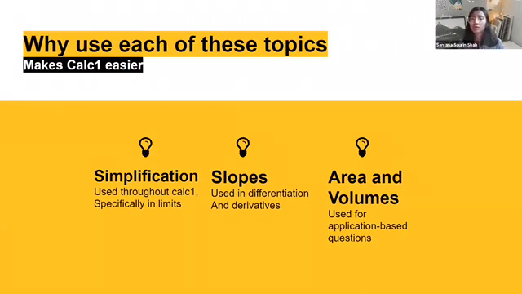Lastly, areas and volumes. The later parts of differentiation, also called derivatives, would be filled with questions dealing with real-life situations, like how quickly a tank is going to fill up, or how quickly it is going to drain out, or, if the volume is increasing at this pace, how quickly the surface area is increasing.